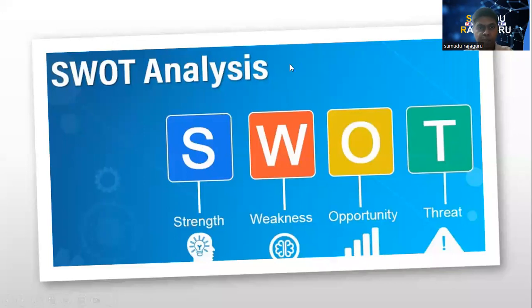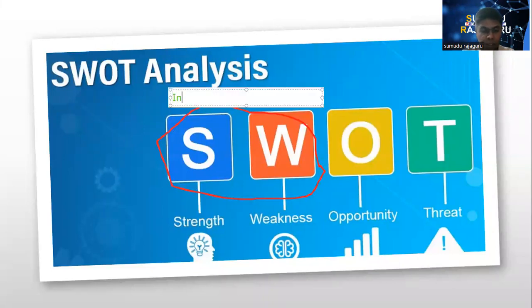The other thing is that strength and weakness are internal things. Strength is an internal factor of the person or organization. Weakness is an internal factor of the person or organization. So we can say strength and weakness are internal factors.